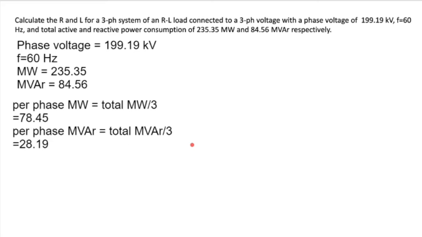It doesn't take 3 months. I gave the formula and everything. You just need to calculate that. What's the per phase megavolt ampere?